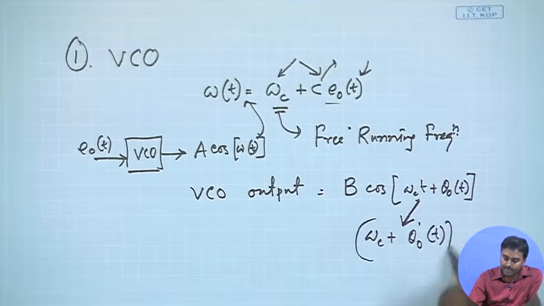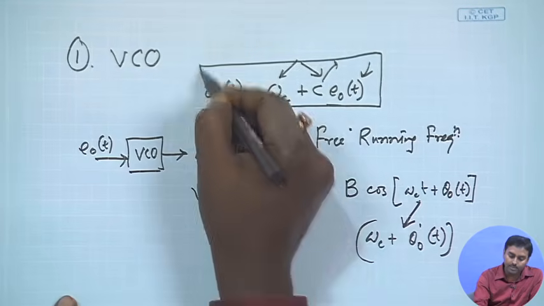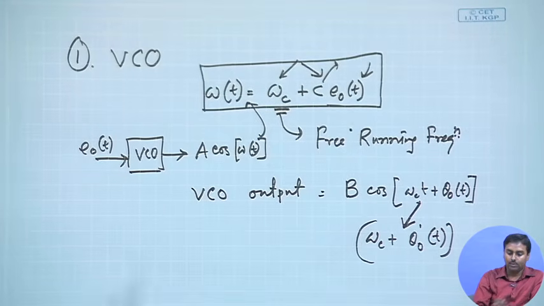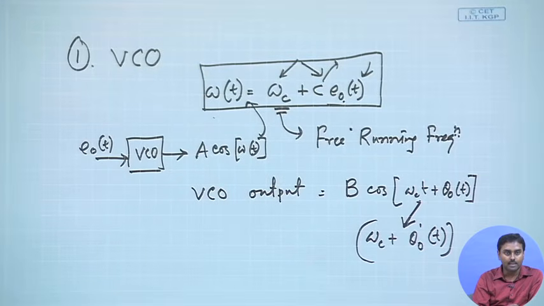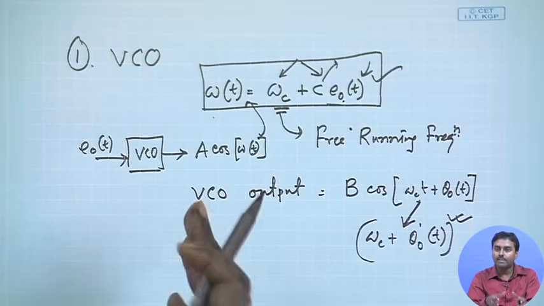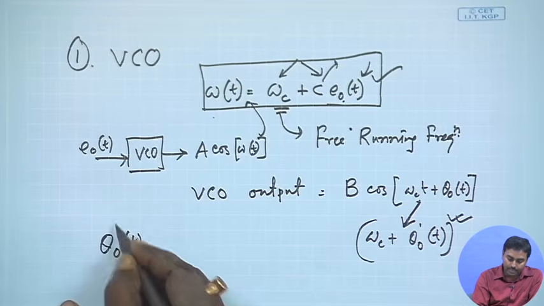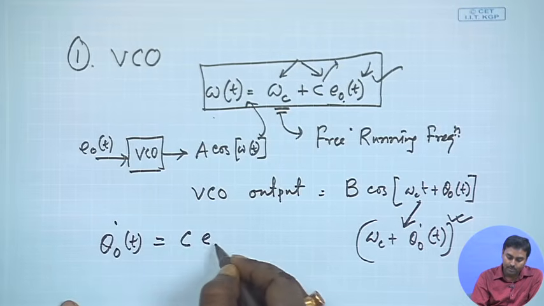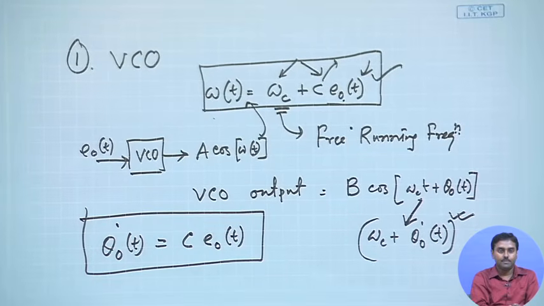So, this must be the VCO instantaneous frequency, whereas I have already said that this must be the VCO instantaneous frequency, that omega(t), if I give E0(t) as input signal. So, these two must be the same if I put that VCO inside. Therefore, I can always write that the differentiation of theta output(t) must be equal to this inside the loop.